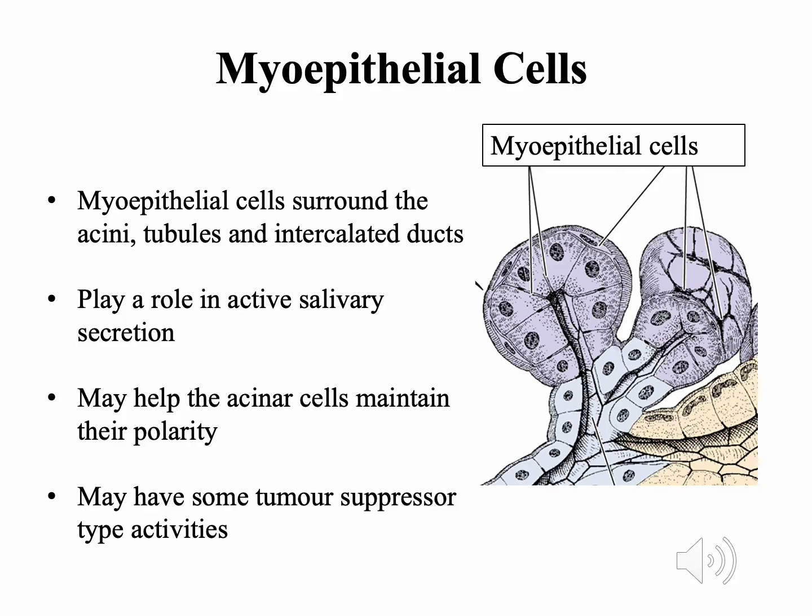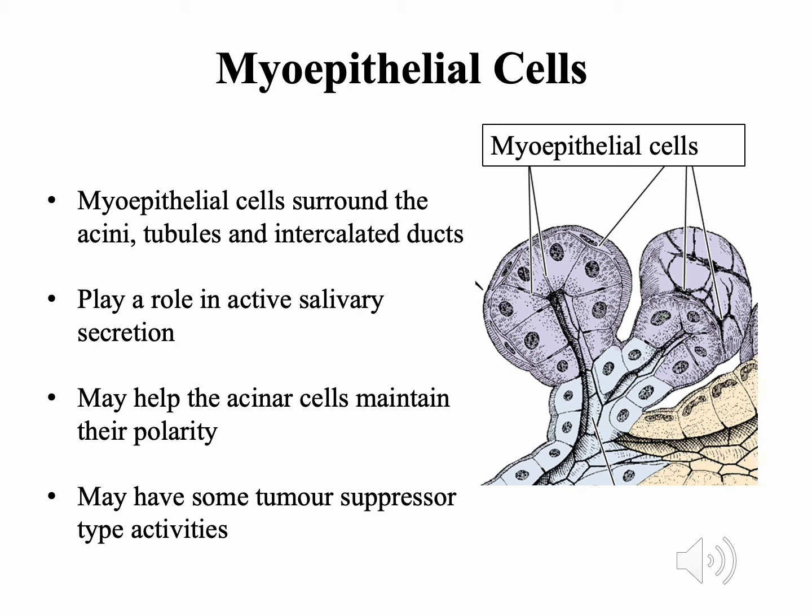Not only are myoepithelial cells located around the acini within the salivary glands, but they're also found around the intercalated ducts. So we'll talk about the ductal systems momentarily. These myoepithelial cells play a very important role in promoting salivary secretions.